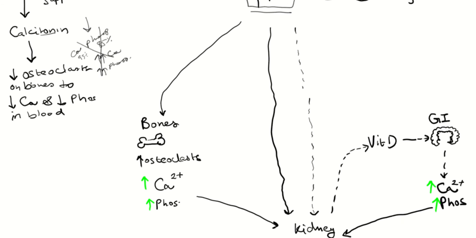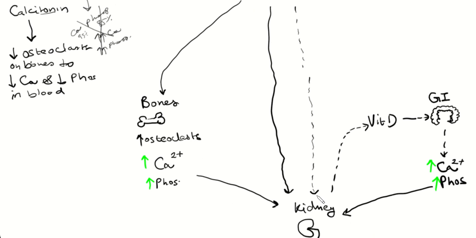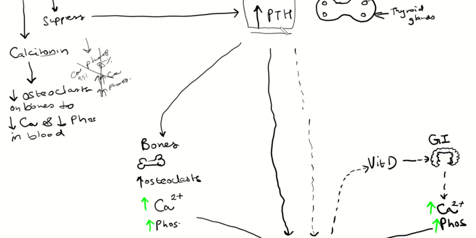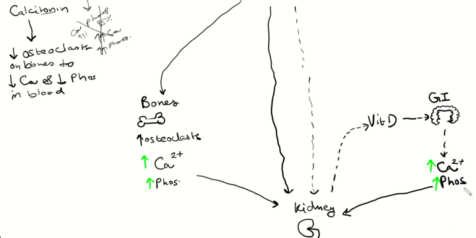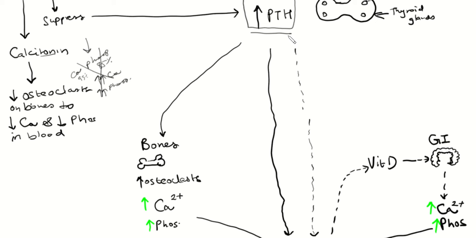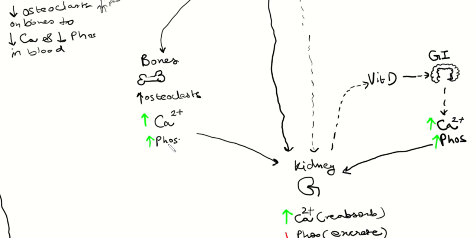Now, parathyroid hormone indirectly acts on the kidneys and through a mechanism produces active vitamin D, which regulates the gut, and the gut now absorbs more calcium and phosphorus. So essentially, this pathway, parathyroid hormone, gives more vitamin D, gives a higher level of calcium and a higher level of phosphorus in the blood. Perfect. Now you have two mechanisms where increased parathyroid hormone gives lots of calcium and lots of phosphorus in the blood.